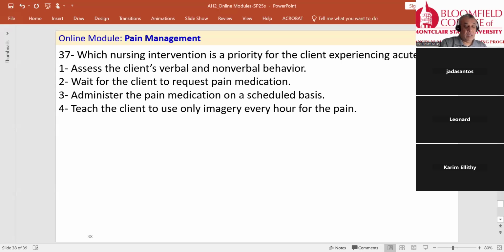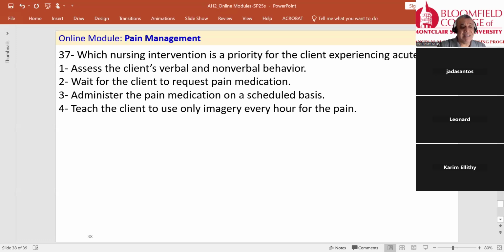37, which nursing intervention is priority for a client experiencing acute pain? This one is basically going to be around the assessment. Same thing, we assess verbal and nonverbal cues because pain is subjective, and don't wait for the client to request pain medication.